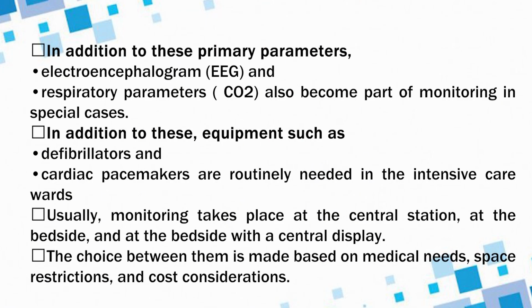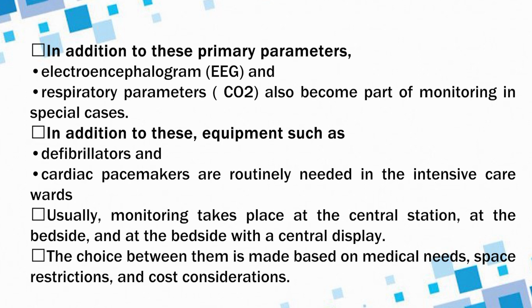In addition to these primary parameters, electroencephalogram, EEG, and respiratory parameters like volume, carbon dioxide also become part of monitoring in special cases. In addition to this, equipment such as defibrillators and cardiac pacemakers are routinely needed in the intensive care wards.